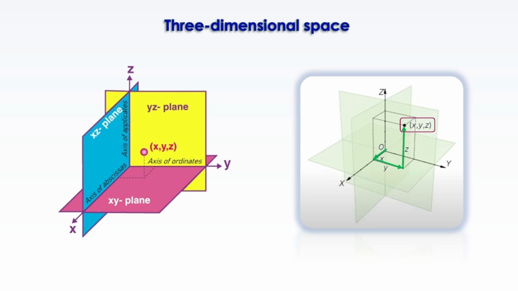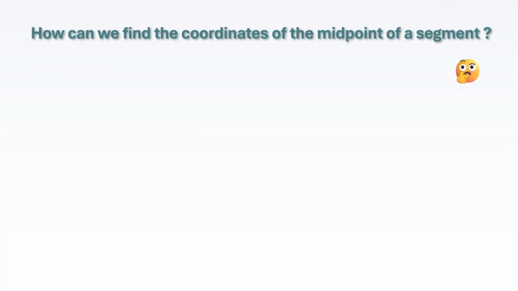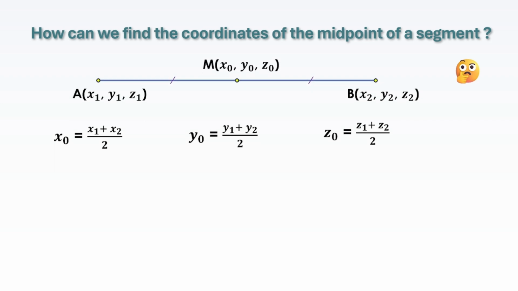And how can we find the coordinates of the midpoint of a segment? To find the coordinates of the midpoint of a segment, you need to calculate the half-sum, arithmetic mean, of the corresponding coordinates of its ends.